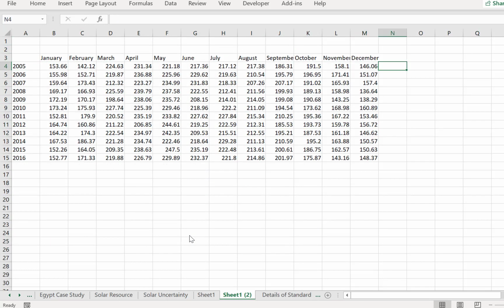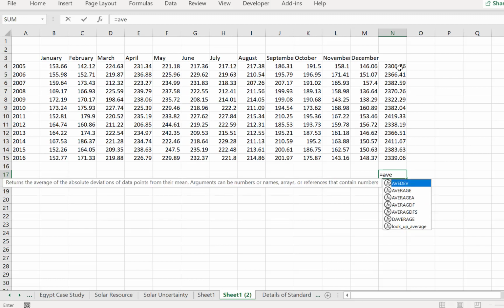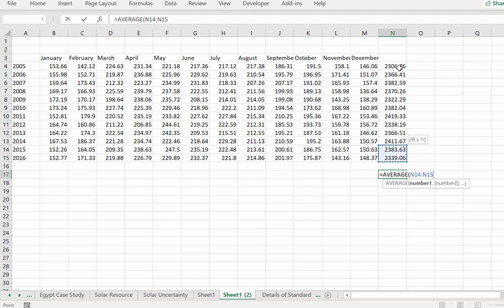For me, it's just good enough for now. Let's put a total here. And when we put a total, we can then do one thing with the standard deviation. And we can go downstairs and put equal average, and we get the average across years.